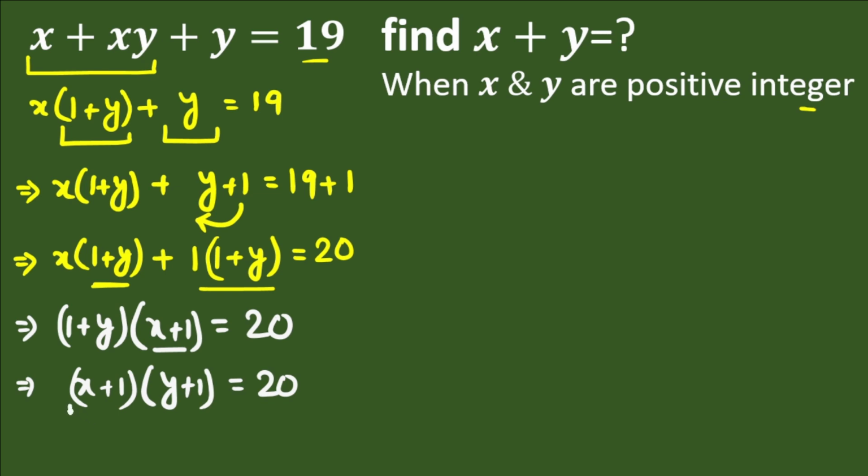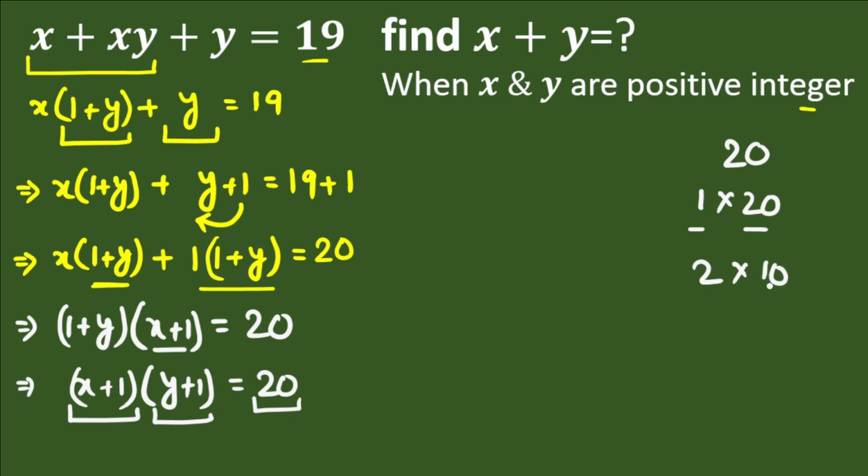Now we have two factors, x plus 1 and y plus 1, and the product of these factors is 20. So we'll split 20 into factors. First, 1 multiplied by 20, where 1 and 20 are the factors. Then we can write 2 multiplied by 10, and 4 multiplied by 5.